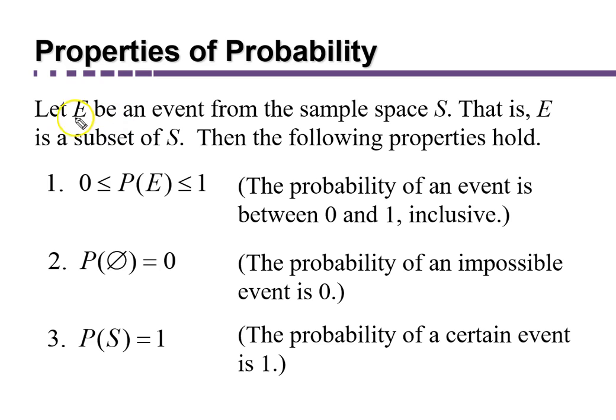So E, we said, was the event from a sample space. That is, E is a subset. Now again, if we tie this into our Venn diagram, where our sample space is the universe, E is in a sense a subset.